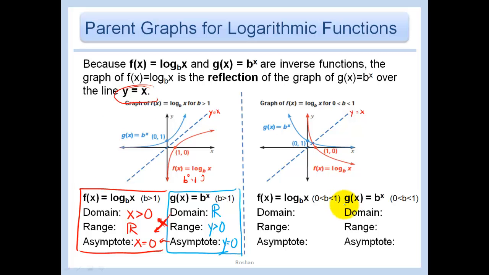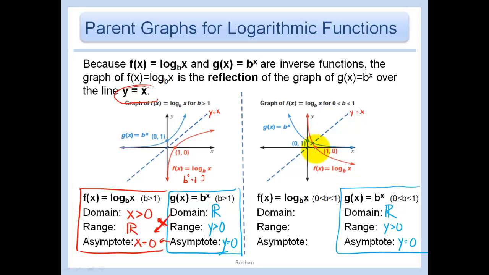Let's think through the same process when we're doing b to the x, and now our b is some number between 0 and 1. Well, we knew that our properties there were that the domain, again, was all real numbers, the range was y greater than 0, and the asymptote y equals 0. It was the same properties as in the previous function, except instead of exponential growth, we had exponential decay. Now we're going to be looking at log base b of x, where b is between 0 and 1, and the red graph is just a reflection over y equals x of this blue graph.